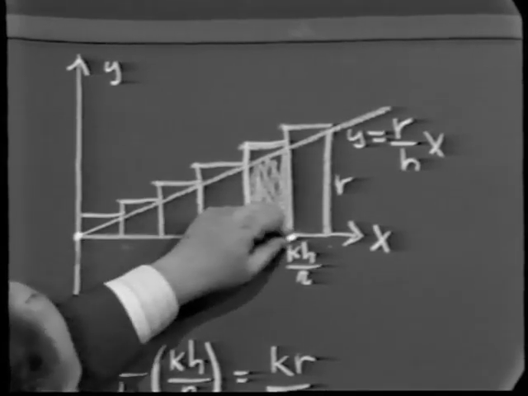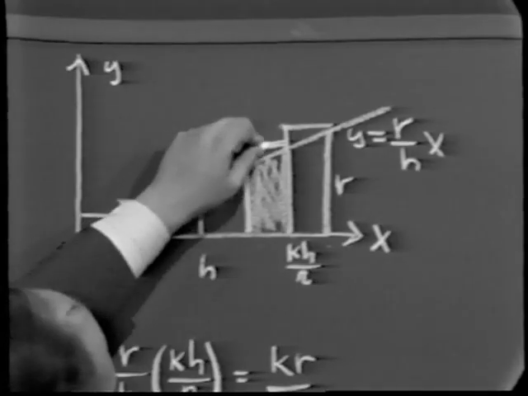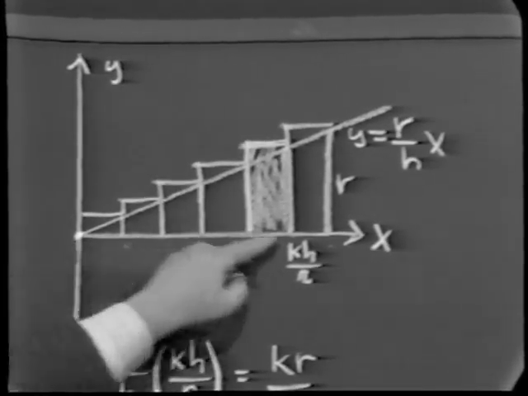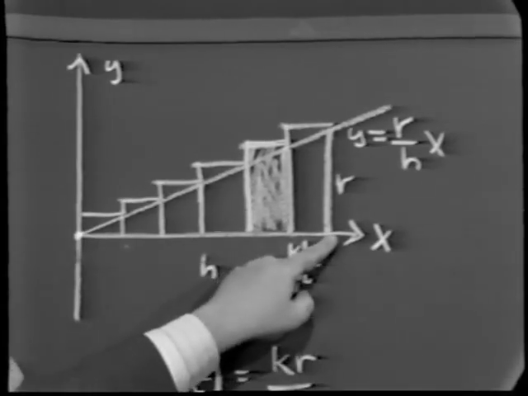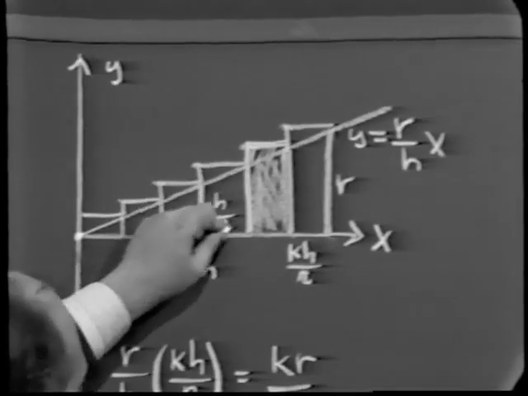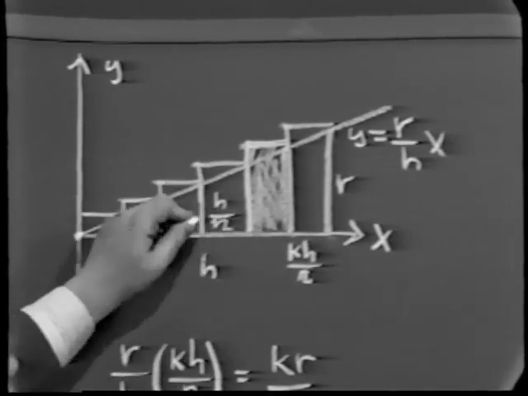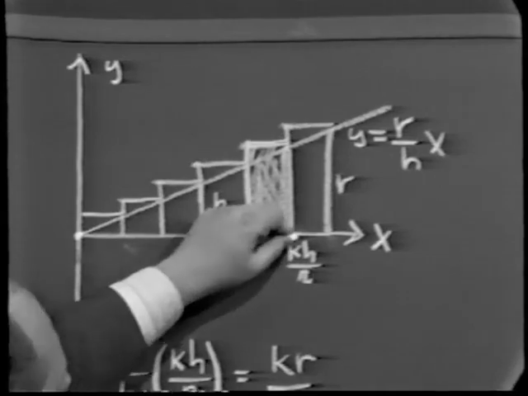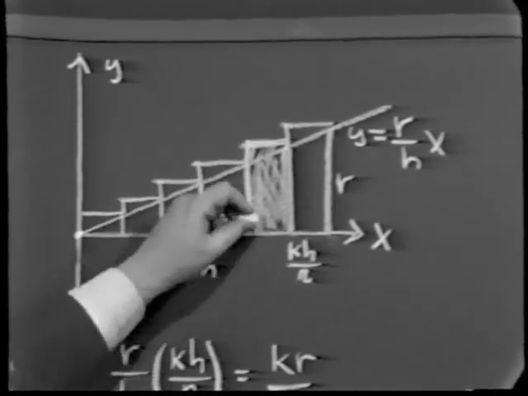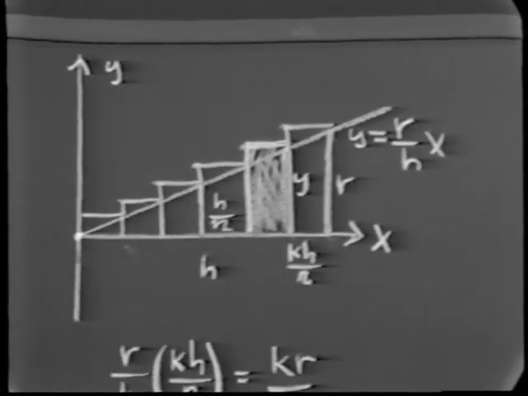Let's focus our attention on what I call the kth region here and see what this looks like. First of all, notice that if we've divided this length, which is h units long, into n equal parts, each of these pieces is h over n. Secondly, the radius of the base of the cylinder is going to be this y-coordinate.